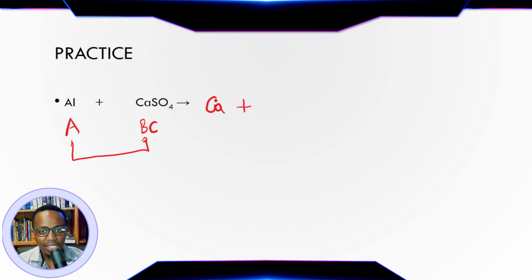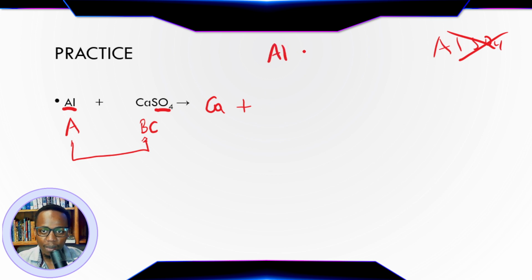But here is something that's very, very important. Before you write down how aluminum combines with sulfate, you have to do the cross rule to see how they combine, right? You can't just write down AlSO4. That will not be true. You have to do the cross rule.